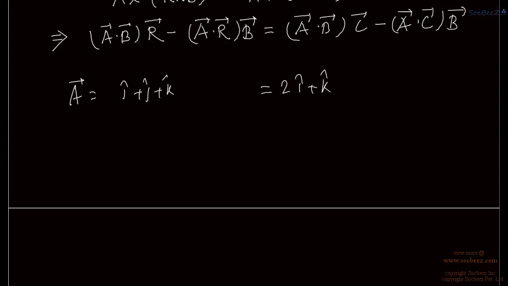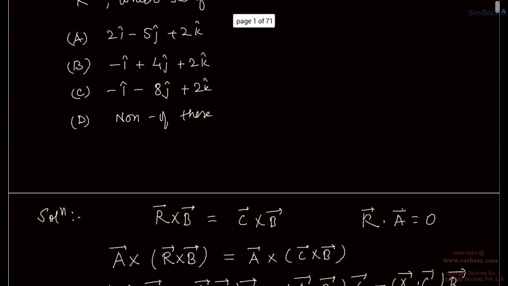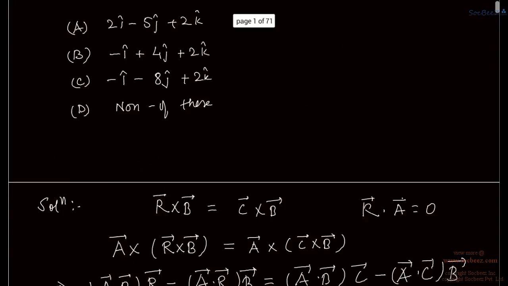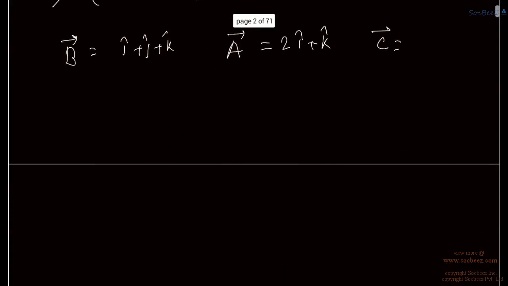So this is basically vector A and this is vector B. And we have vector C as 4i minus 3j plus 7k.